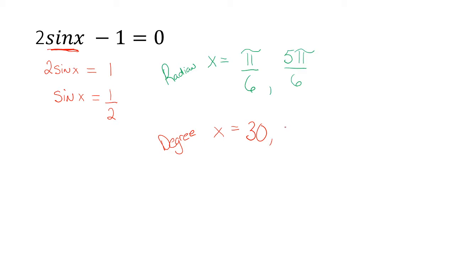And 5 pi over 6 in degree form is 150 degrees. You want to make sure that the degrees are labeled as degrees. Radians don't need degrees. They already have the pi to signify that they are in radian form. Okay? All right. See, that wasn't too bad.